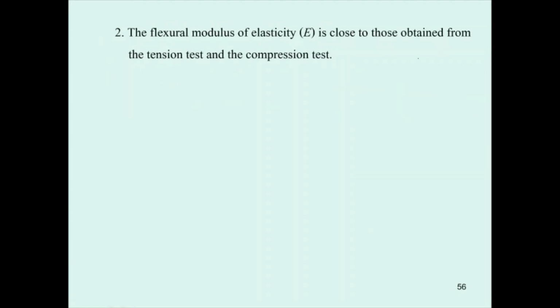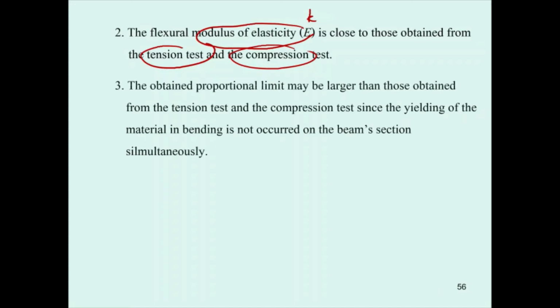Second, for finding the flexural elastic modulus E, that is going to be defined from the slope K. The E that we have will be very close to the tension test and compression test. And let's note that this flexural test or bending test is very good for brittle material, right? And third, to obtain the proportional limit.